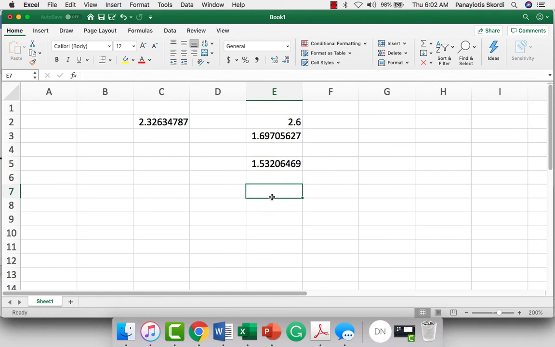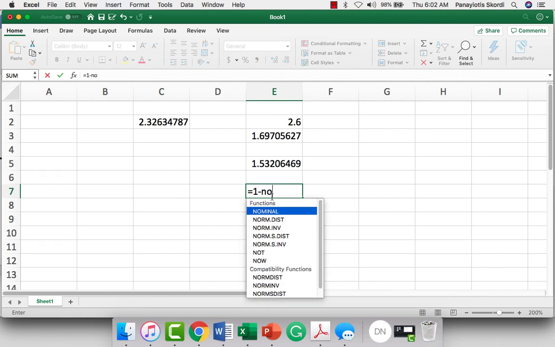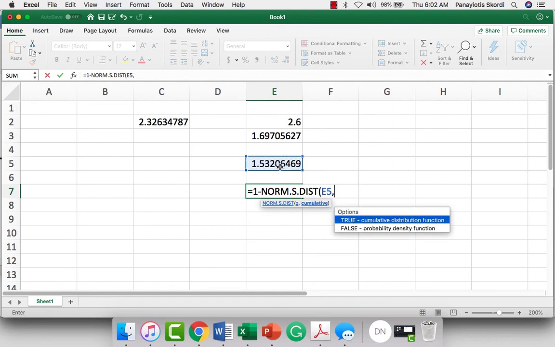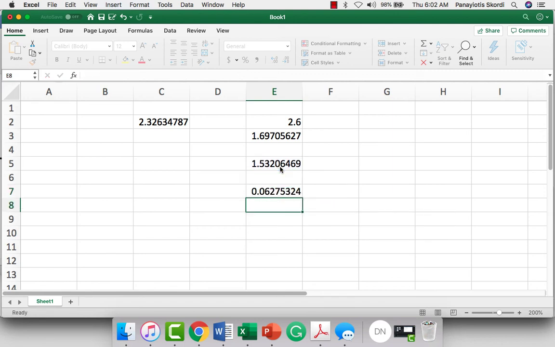So the p-value is going to be equal to 1 minus norm.s.dist. And you can either put the 1.532 in here, or you can put the most accurate value in there. You're going to get a slightly different answer, but not by much. And let's see what that gives us.